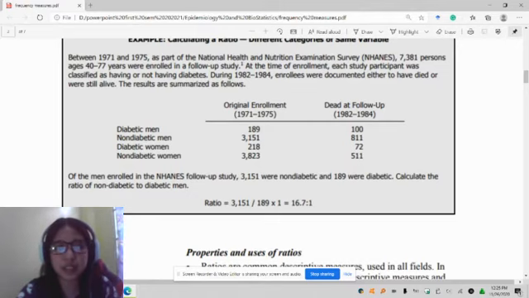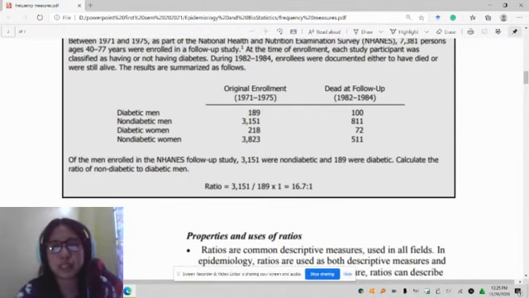In this data, we can compute the ratio. For instance, if you are asked to calculate the ratio of non-diabetic to diabetic men, you simply divide 3,151 over 189, referring to our original enrollment, multiplied by 1.